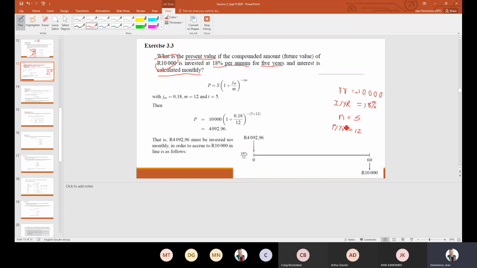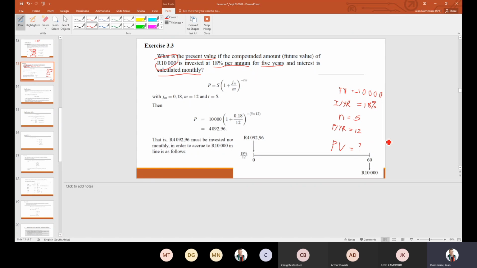Now it's important when you work out the present value that there are two ways of doing it. Your number of periods, like Greg said, he would have said 5 times 12 to get to 60, which is perfect. What I would do is start on a calculator. My future value is 10,000.